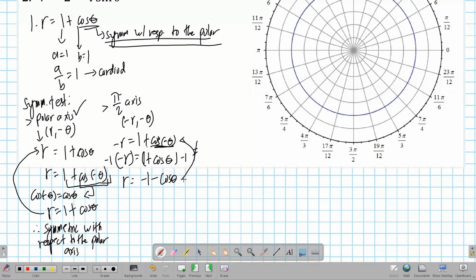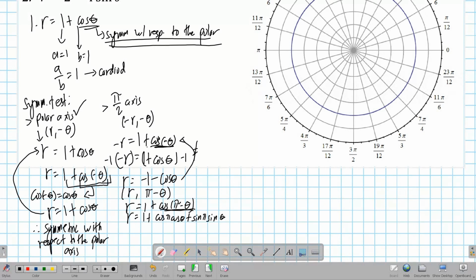But remember, we also need to check if we replace r, theta with r, pi minus theta. This is where it gets long. r is r, so we don't have much to worry about, but it becomes 1 plus cosine of pi minus theta. We can simplify this using our difference identity. So r is equal to 1 plus cosine pi cosine theta plus sine pi sine theta.